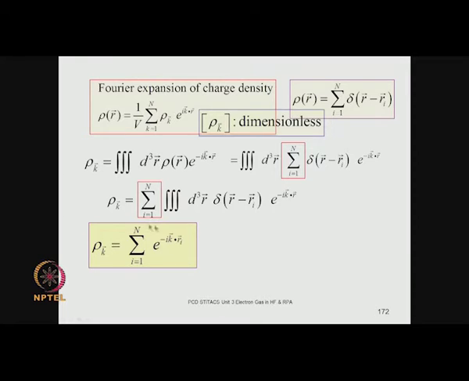So this is the expression for the Fourier component of the charge density. For k equal to 0, you of course get the total number of electrons.